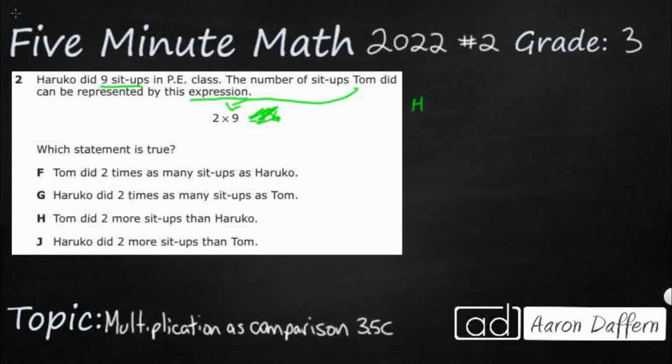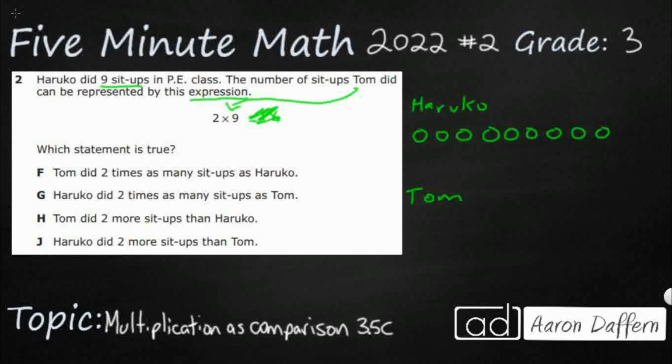So we need to compare these two, so let's just draw a little picture here. Haruko's going to do 9 sit-ups. I'm just going to draw 9 little circles. Each circle is going to represent a sit-up. You can also look at it as an array if you want to, just a 1x9 array.